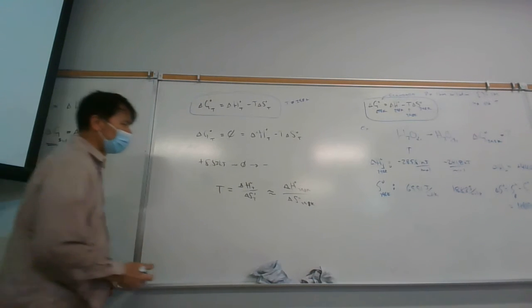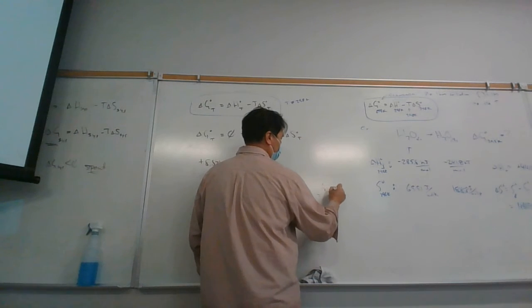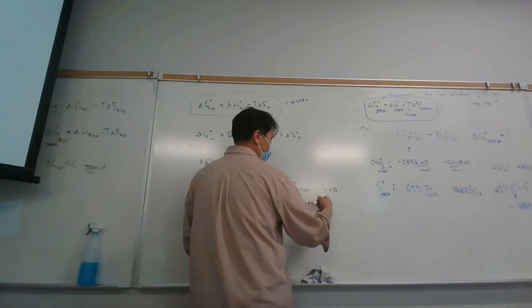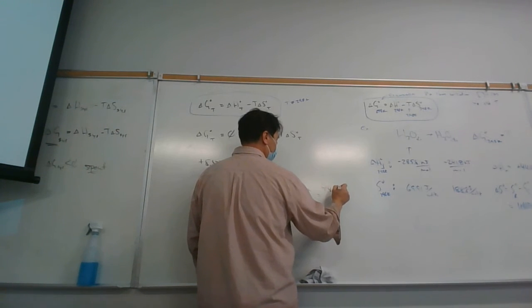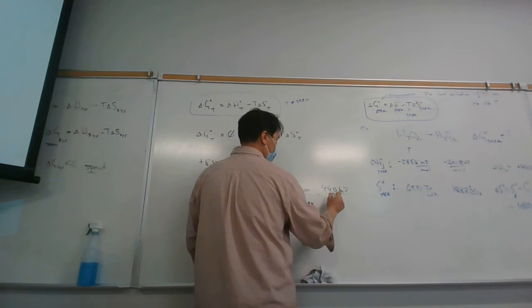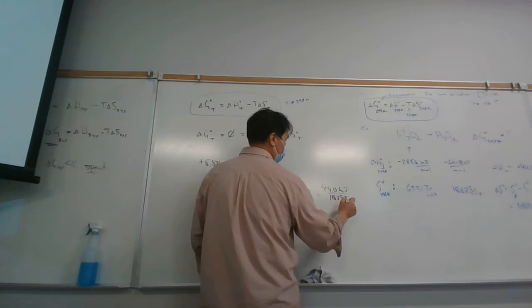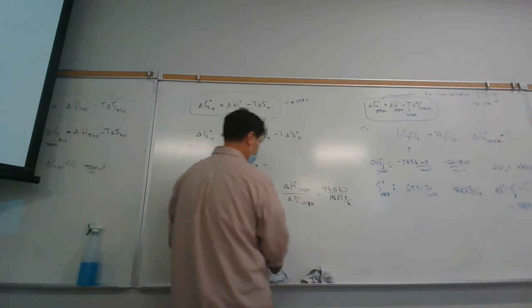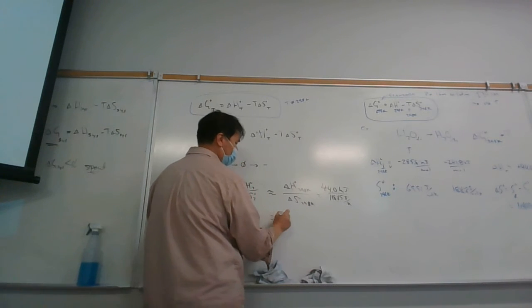And so this will allow us to estimate the temperature at which it will transition to spontaneous. So this is 44.0 kilojoules divided by delta S, which is 118.89 joules per Kelvin. Now this 44 kilojoules, we're going to just convert that to joules.